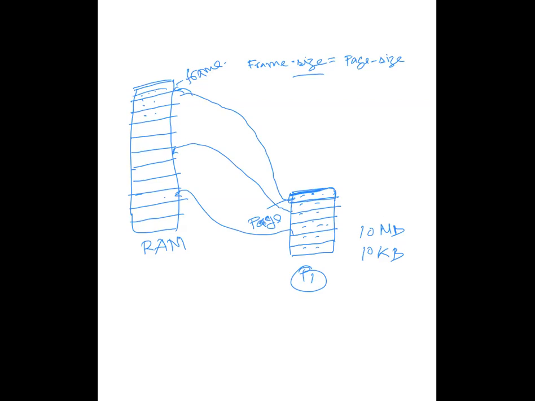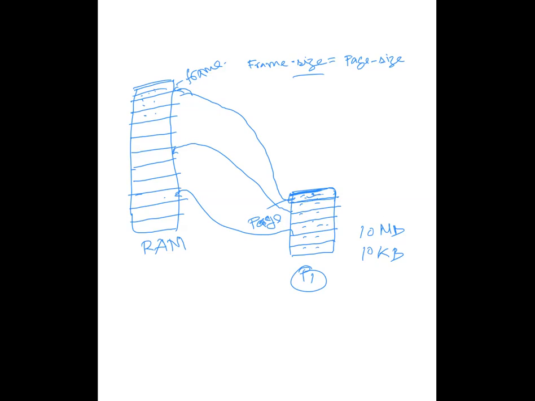So your operating system can allocate memory for each page in each frame. This is one of the basic concepts of the paging technique.